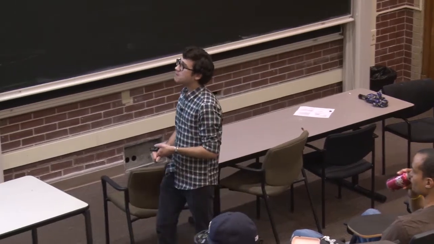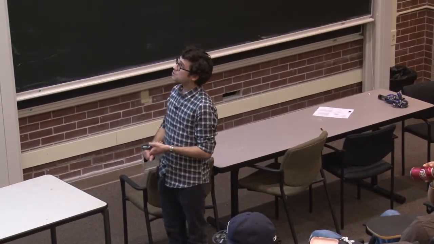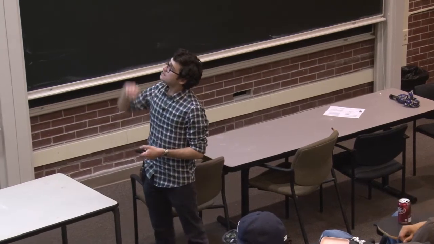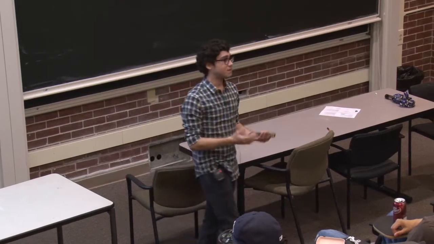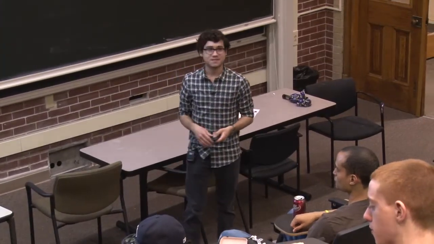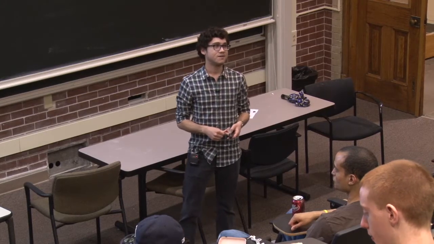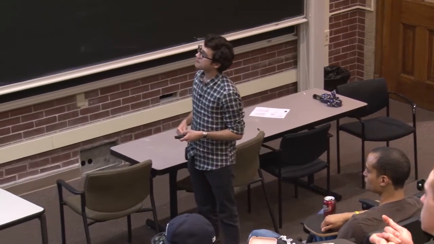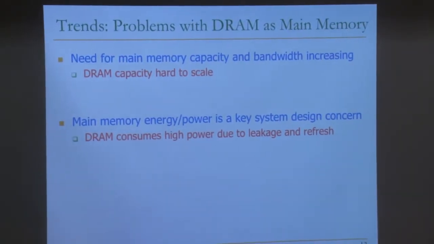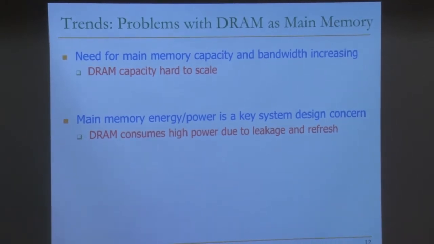So what are some problems that might be posed when DRAM's used as main memory? Okay, so we need a lot of memory capacity and bandwidth. We went over some of the reasons why this is the case. But DRAM capacity is hard to scale. Darn. Looks like we have a problem there. Memory, energy, and power is a key system design concern, like we talked about, but DRAM consumes really high power due to leakage and refresh.